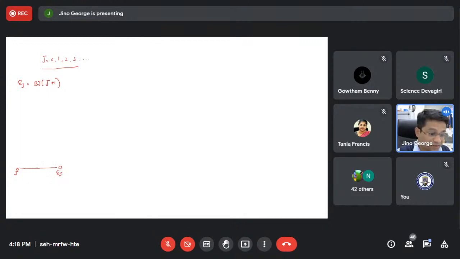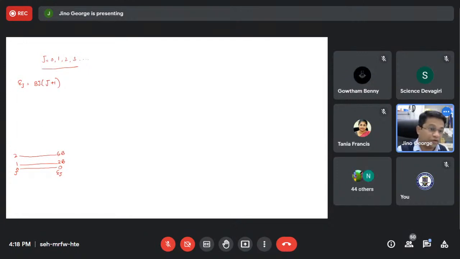And 0 gives 0 in energy, and then the first level 1 will give you 2B. See, when J is equal to 1, 1 into 1 plus 1, that is 2B. Then the next level 2, how much will come? You calculate, this is equal to 6B.